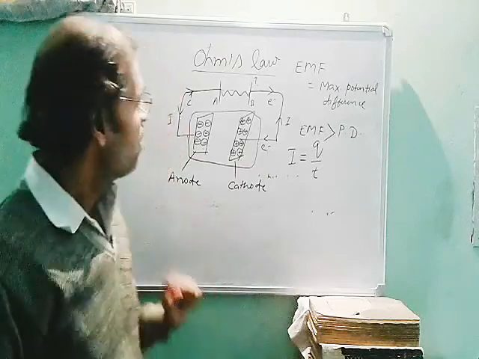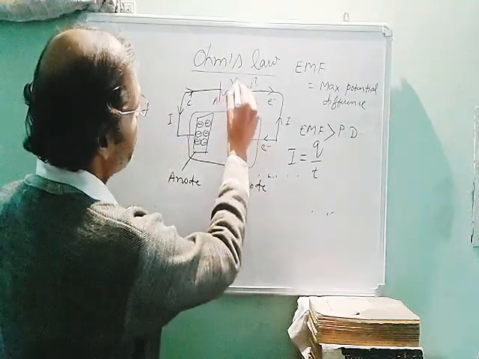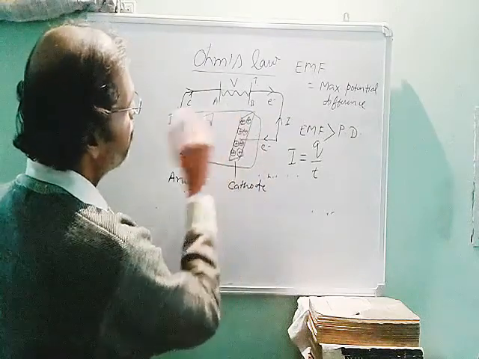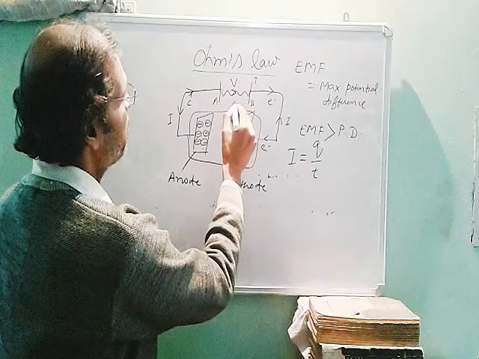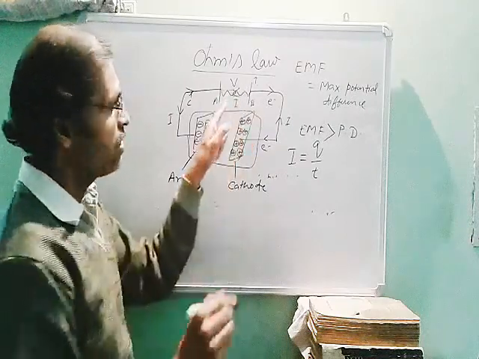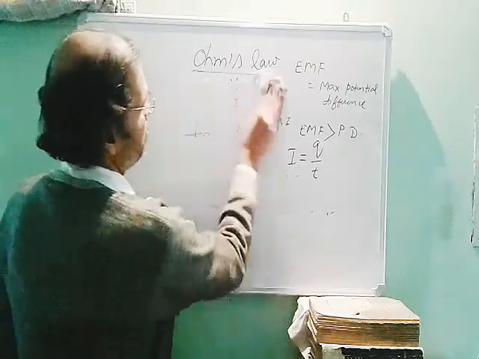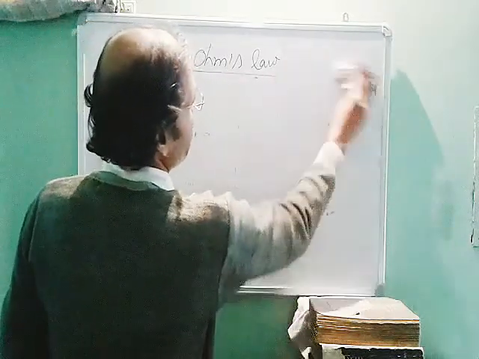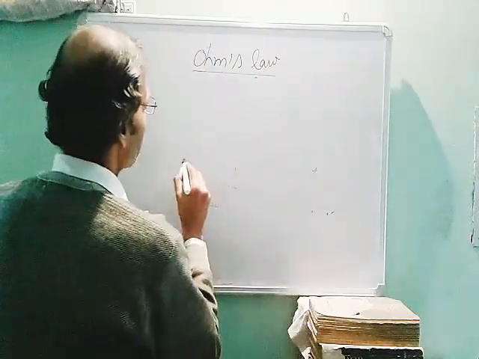Okay. Ohm has said that if the potential difference V between these 2 points is more, the value of current passing through the circuit will be more. I make another diagram so that you can understand it well.